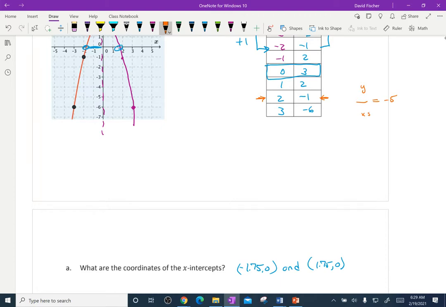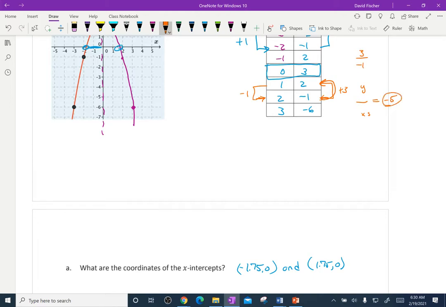So if I go from here to here, I went down 1, and then I went from negative 2 to 1. So I went down 1. So then I'm going to go this way on this one as well. I went from negative 1 to 2. So I went up 3. So my fraction would be a 3 over negative 1.